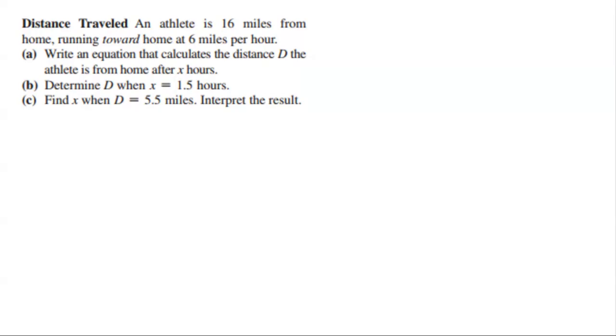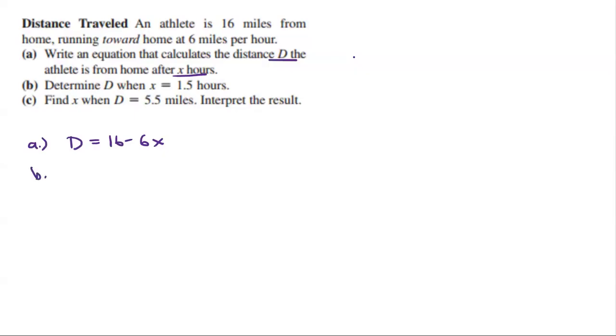Many of you are writing d is equal to 16 minus x, right? Because d is representing the distance from home and x is representing the hours. So for this case, A, our equation is d is equal to 16 minus 6x. Okay?